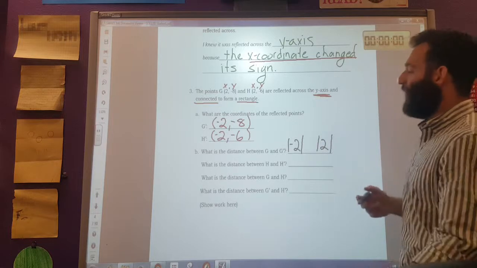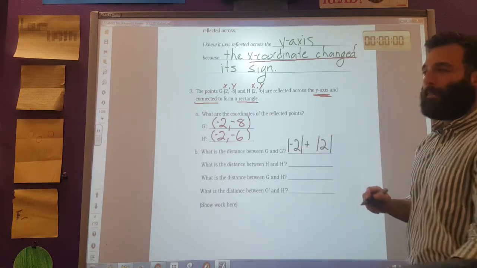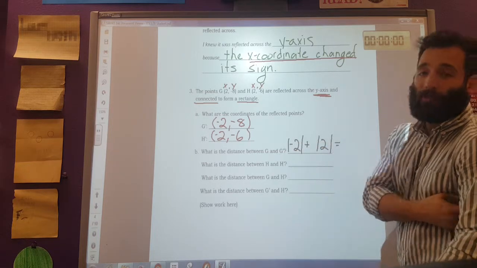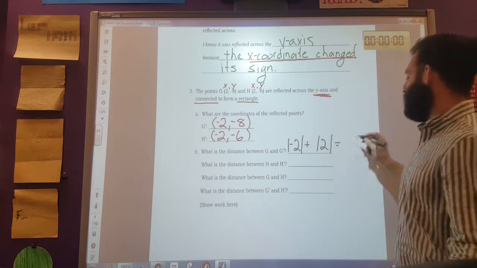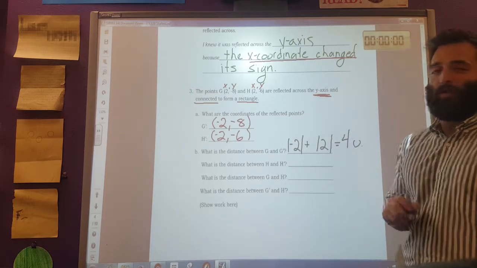Now, if the signs are the same, you subtract, but here the signs are different, so I'm going to add. -2 is 2 away from 0, 2 is 2 units away from 0, so add them up, and I get 4 units.